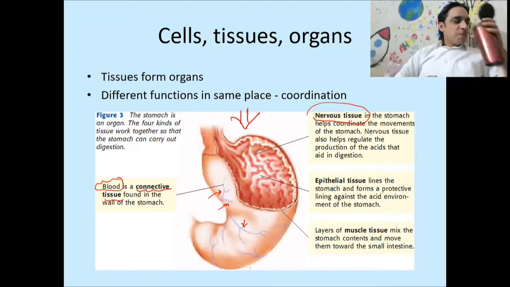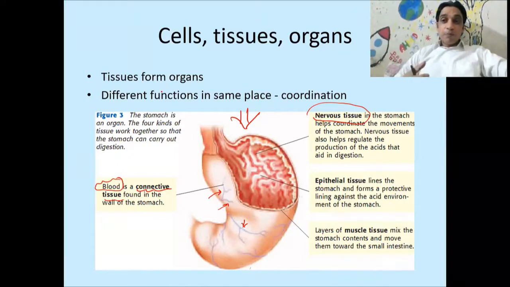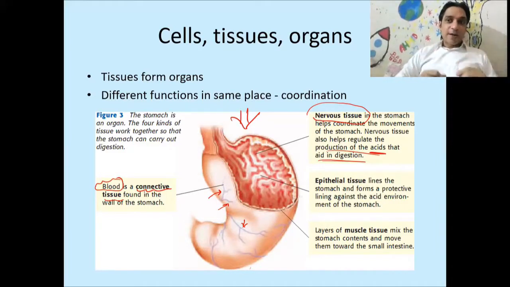And last but not least, it regulates the function of the stomach. I'll tell you in detail when I teach you about the digestive system that the stomach produces acids and different digestive enzymes. These acids and digestive enzymes are responsible for the digestion of proteins within the stomach. That acid is very strong, I can tell you.